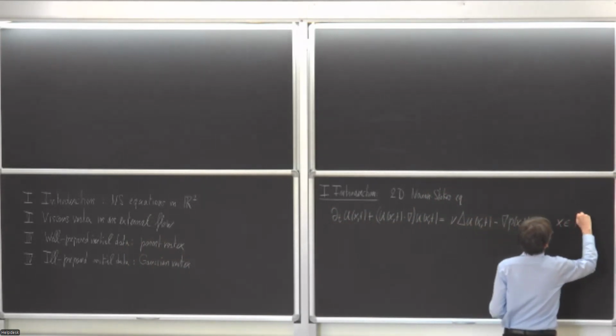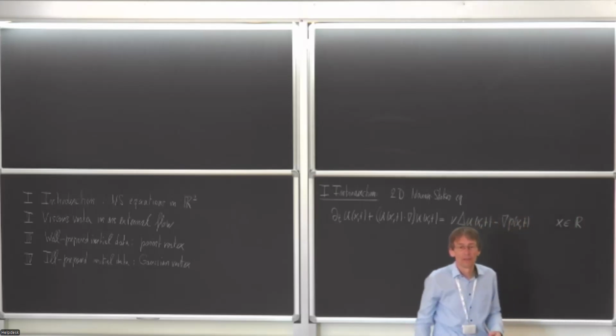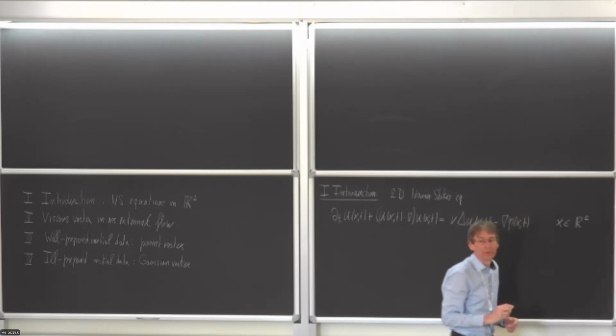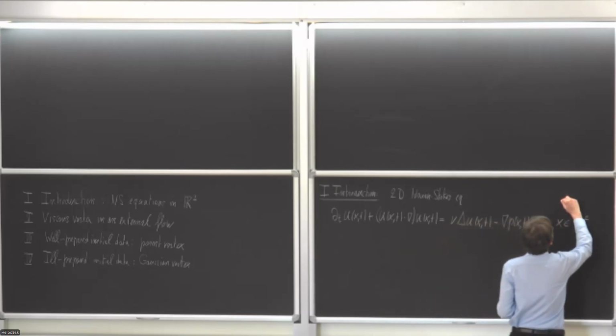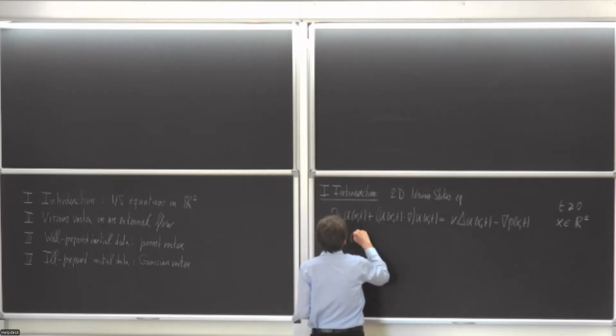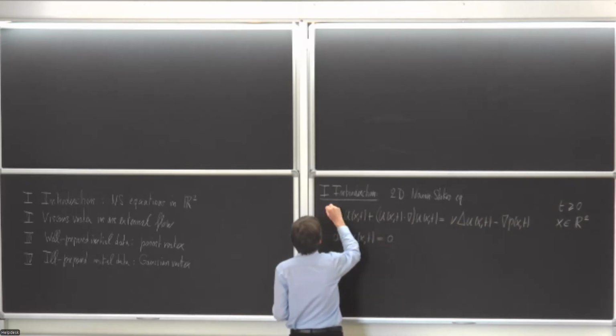The state variable x could be in a domain of the two or three-dimensional space, but in my lecture, I will be in the whole plane R², and the time variable will be non-negative. This is the first equation, and the second equation is that of divergence of u(x,t) equal to 0.